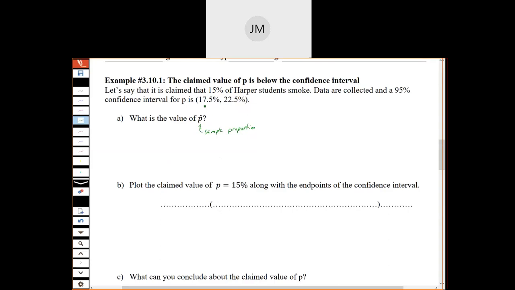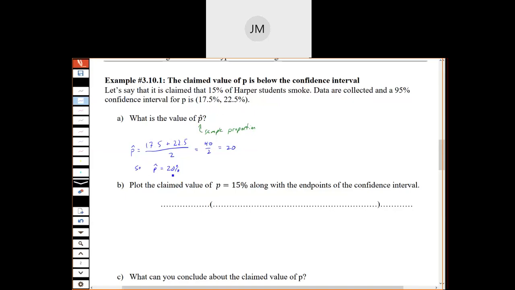So if I forgot my p hat, but I can see my confidence interval, I know that it is halfway between 17.5 and 22.5. So I can take those two numbers and average them. I take 17.5 plus 22.5 and divide by 2. So I get 20. Okay, so p hat is 20%.